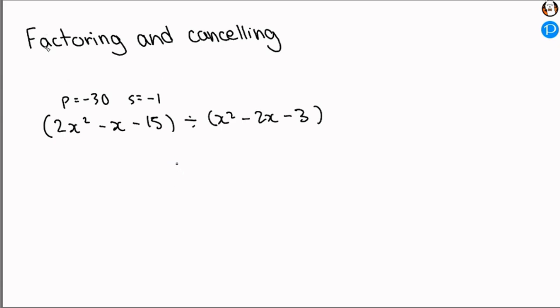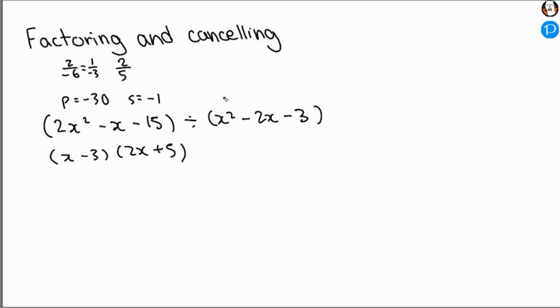The two numbers we're going to use are -6 and 5. I'll put the coefficient of the leading term here in the numerator, so 2. Just going to give 1 over -3, and that's just going to be 2 over 5. So we have x minus 3 times 2x plus 5.